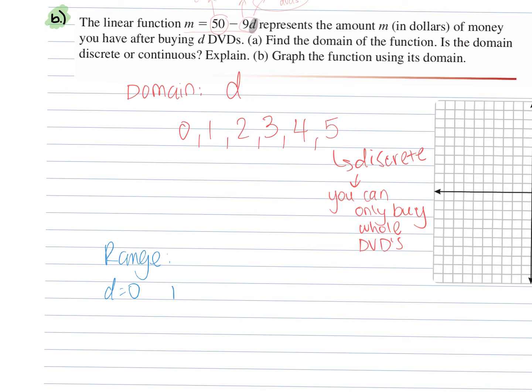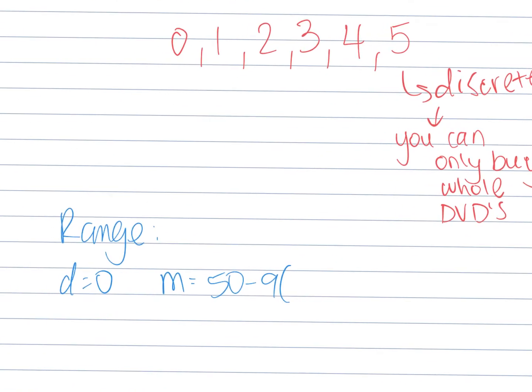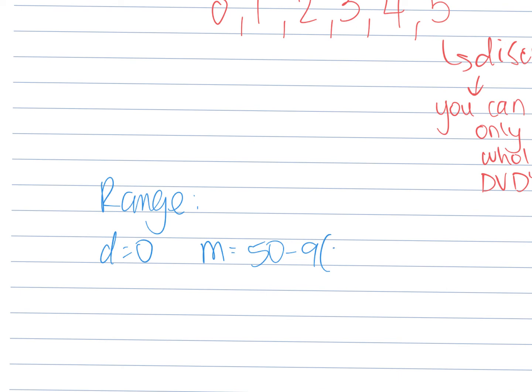M is going to be 50 minus 9 times 0. What's 9 times 0? 0. So it's 50 minus 0, which is 50.